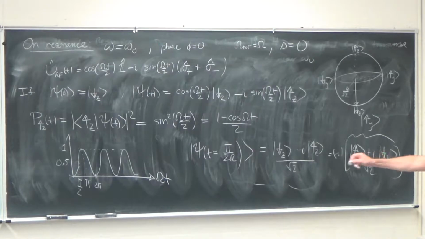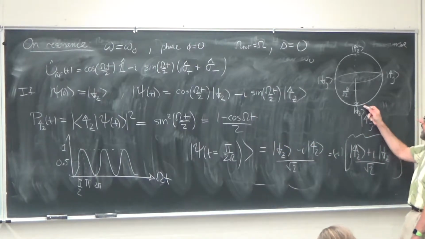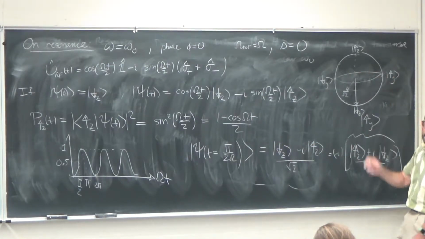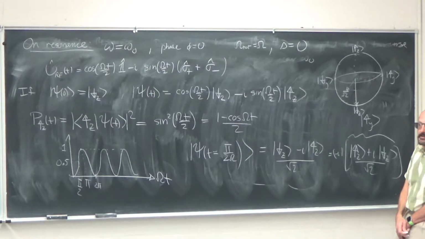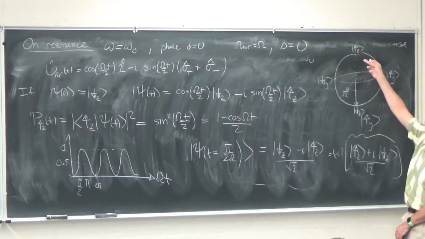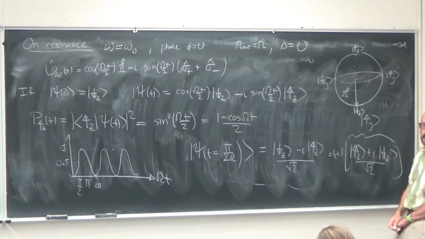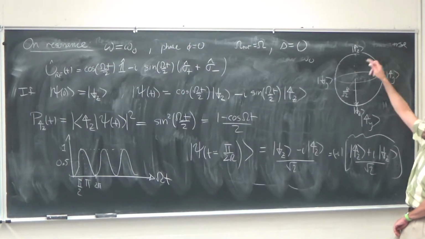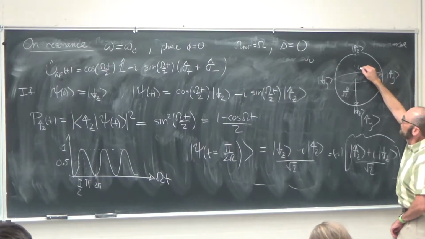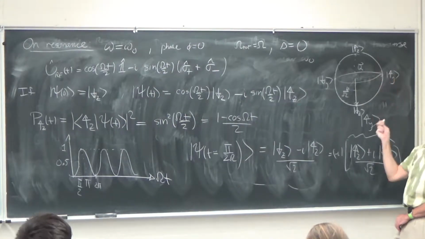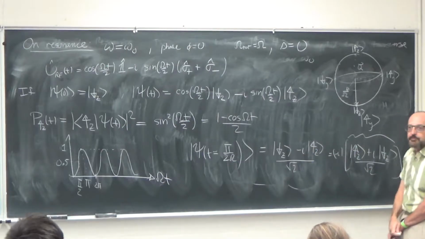And this sinusoid is just a projection of this Bloch vector onto the z-axis, right? Because the projection onto the z-axis tells us something about the state, and that projection of the Bloch vector that we've seen before, rotating around, is just that.